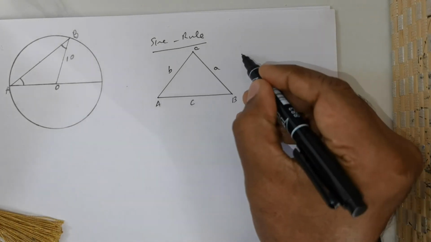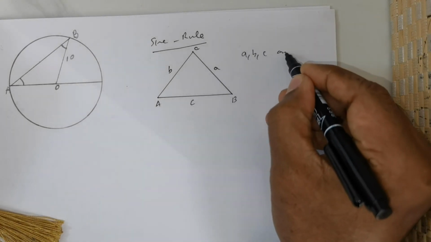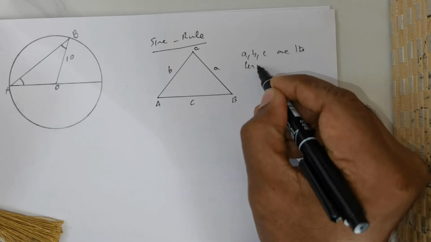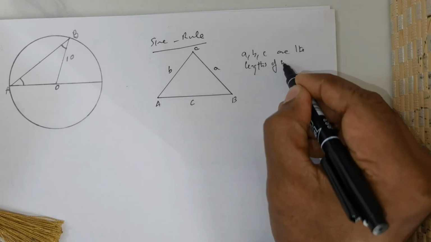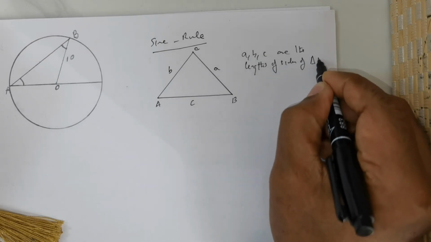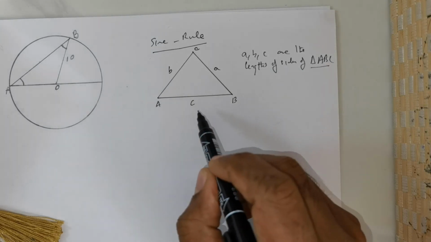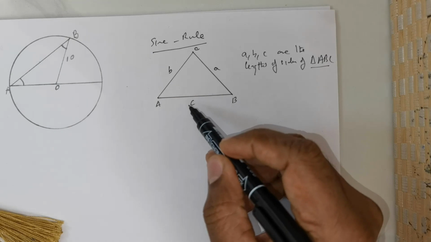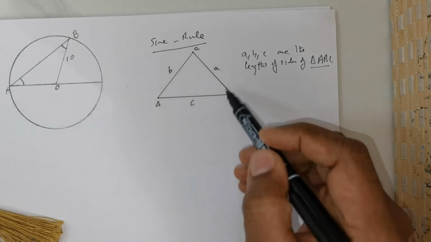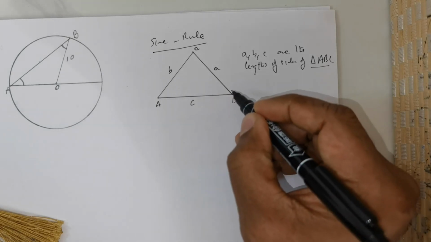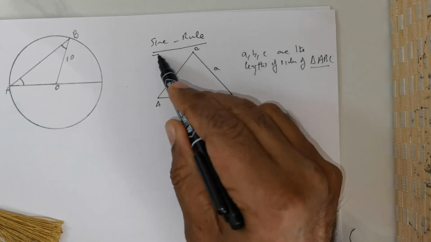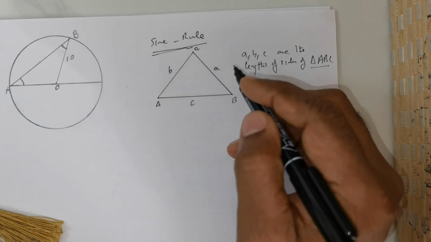Now A, B, C are the lengths of the sides of triangle capital ABC. Now if we want to obtain the unknown side, then we have a formula given, what is called the sine rule.